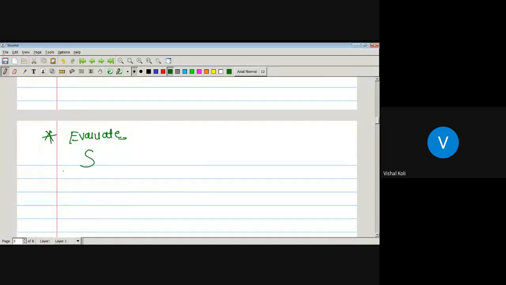Evaluate the integral over the curve C, mod z equal to 3, of e to the power z divided by z minus 2 dz. Find out its integral value.